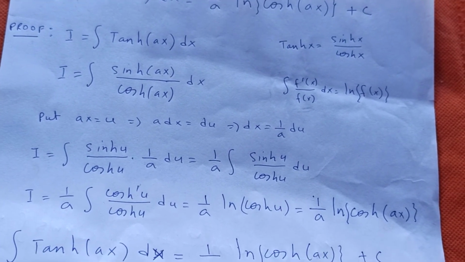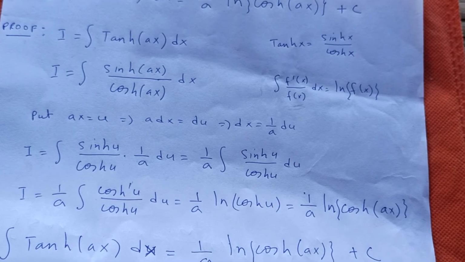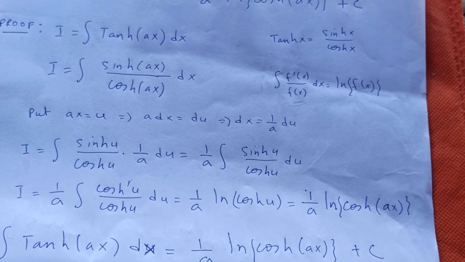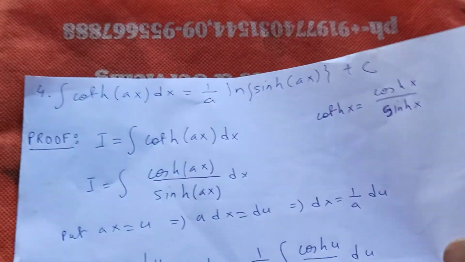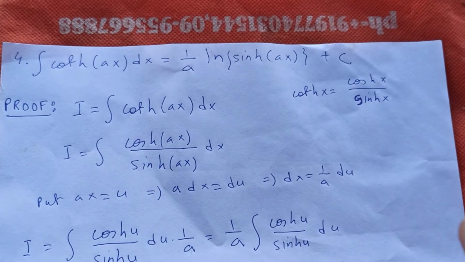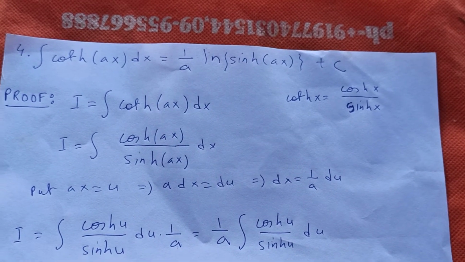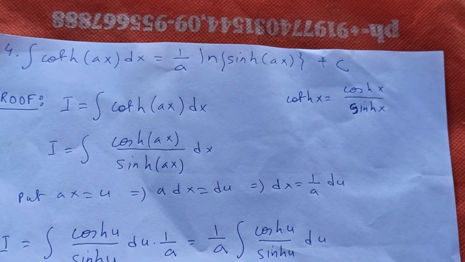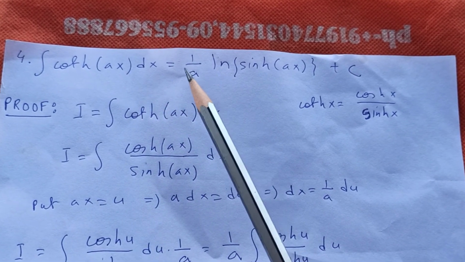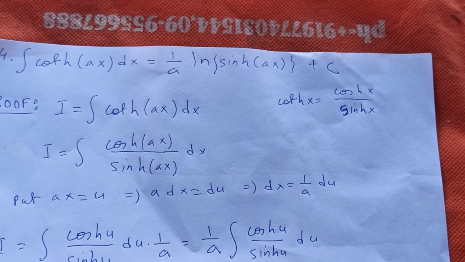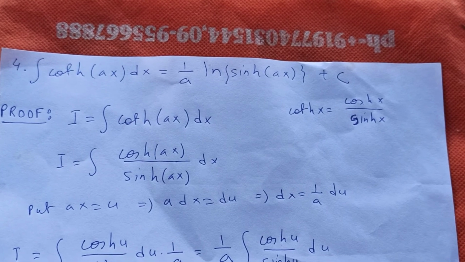Okay, this is the proof for this integral. Next, let's see cot hyperbolic. The integral of cot hyperbolic of ax dx is nothing but 1 upon a natural log of sine hyperbolic of ax plus constant of integration.